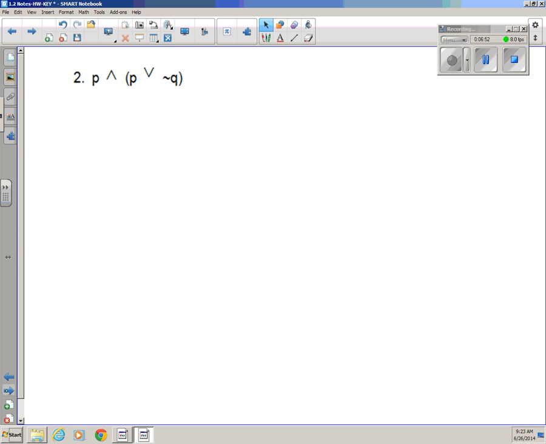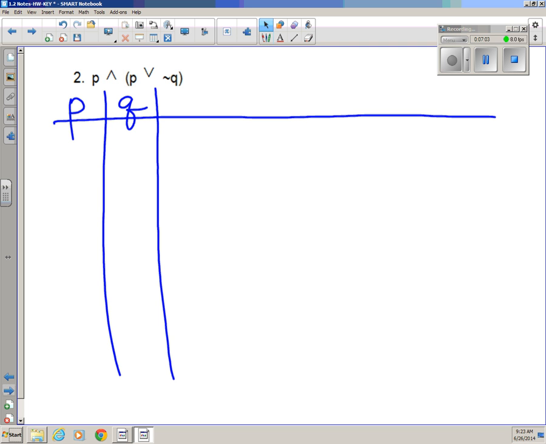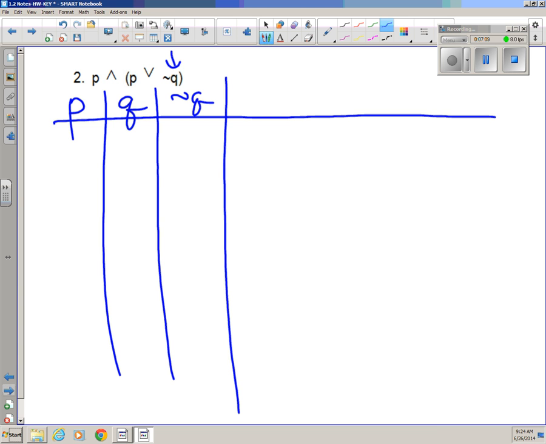Let's take a look at this last one. This one's a little bit longer. I've got to start out the exact same way, right? I need to start with my P and then my Q. I'm looking for any negation of single letters, and I see one. I've got a negation of Q, which is right here. I also have a parenthesis. I need to get that parenthesis done.